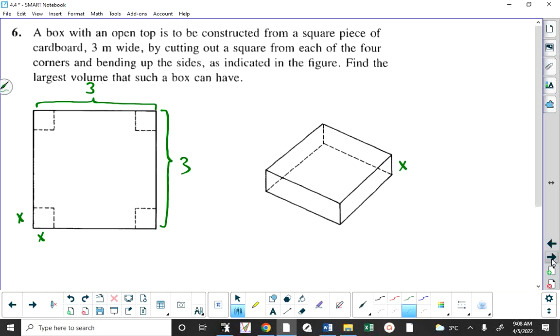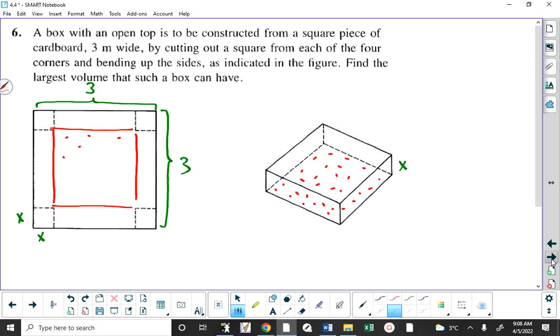The base of the box, the thing that I'm going to mark in red, is this.